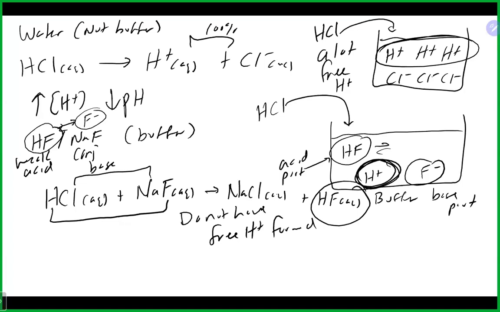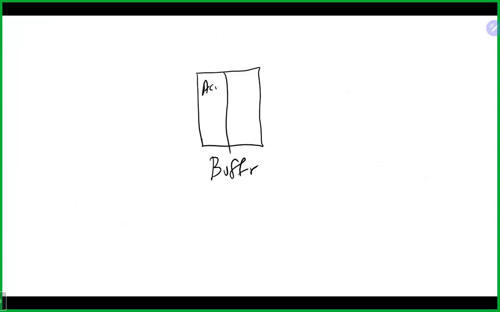So the way a buffer works is because it does have an acid part and a base part in it. When you make a buffer, you have your acid part and your base part. It is well equipped, when you add additional acid, to react with the base part, but it will actually make some of the acid part.